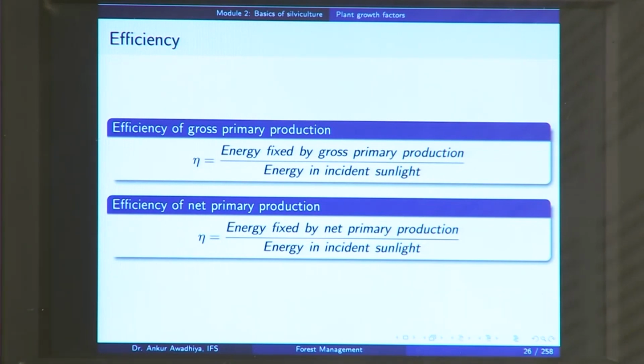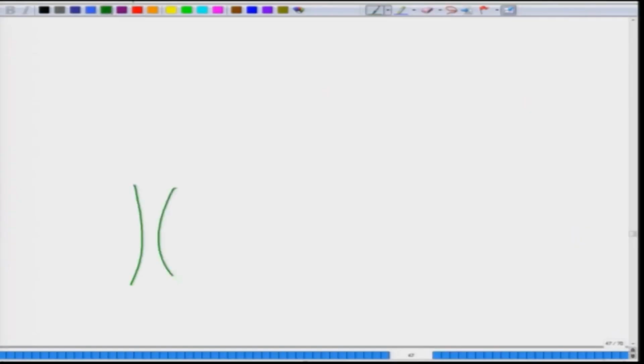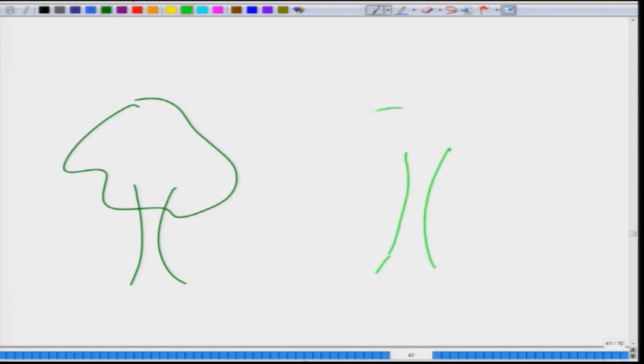Now, different species will have different efficiencies. So, if there are 2 plants of different species A and B, and plant A has more efficiency. What we are saying here is that you have 2 trees, both in the same location.